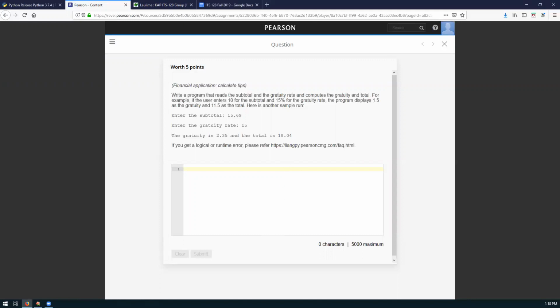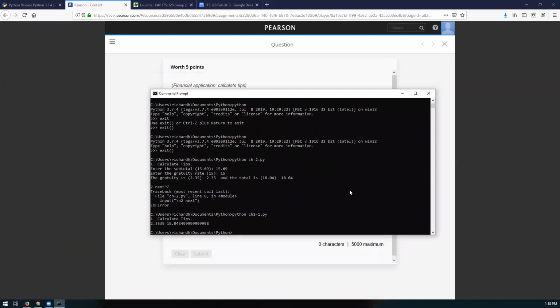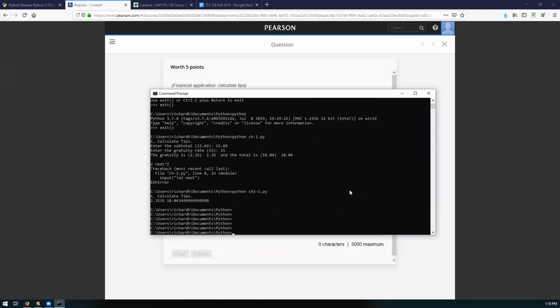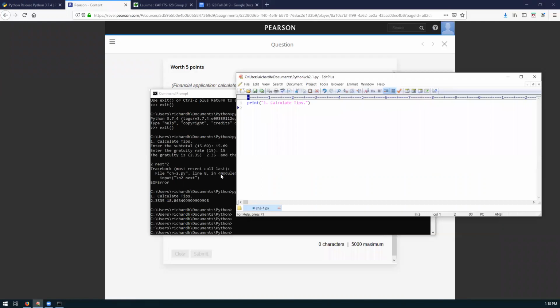Okay, so I've loaded up Python on my machine here, and I've got a folder here. The way I'm going to write this is I'm going to write a little program, and then run the program from the command line.